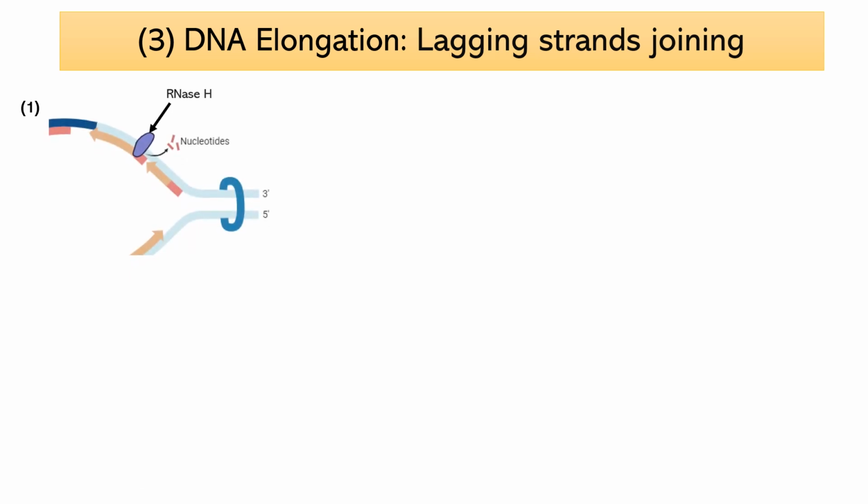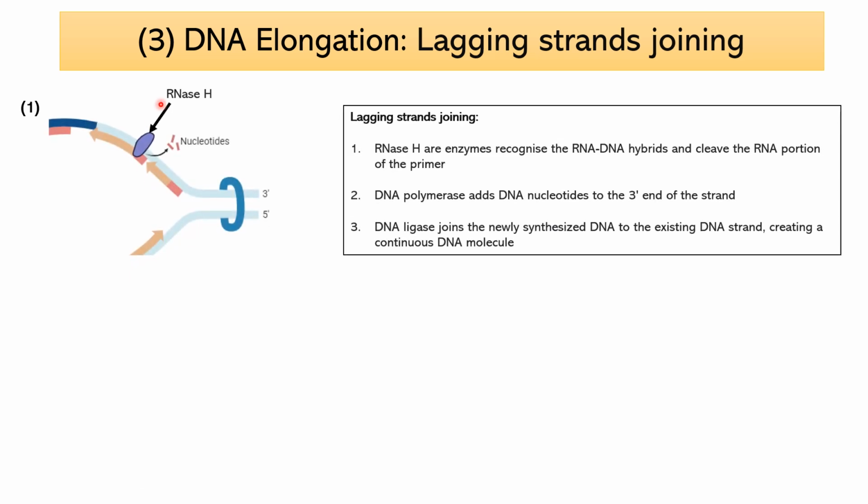The first stage involves an enzyme called RNase H. RNase H will bind to the primers, the ones that were synthesized by primase. The role of RNase H is to remove the nucleotides that make up that RNA primer.